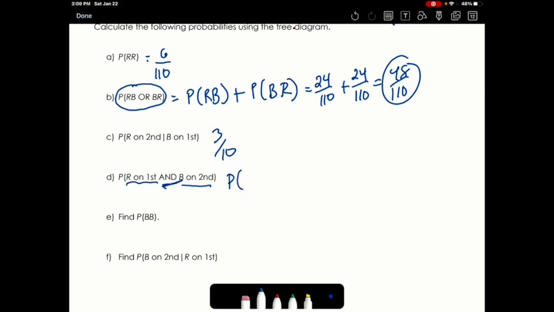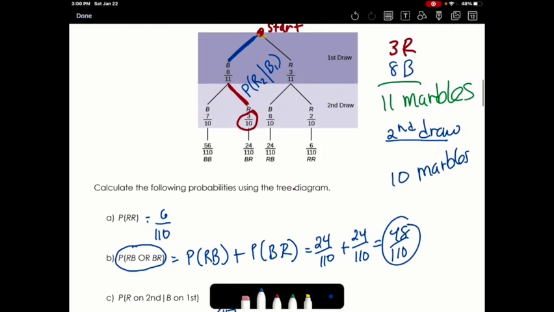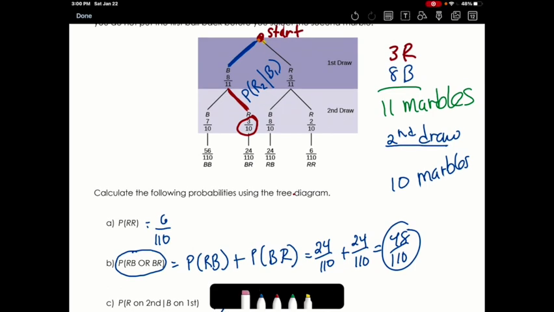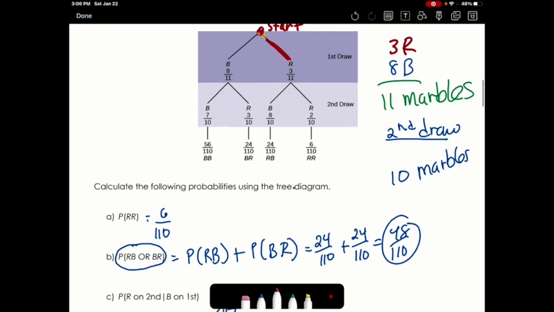This one here is what's the probability of getting a red on the first and a blue on the second? So since this is an and statement, we're going to use multiplication. We get red on the first times blue on the second. Now this should already be set up for us at the end. So let me just erase, but you can see the steps.